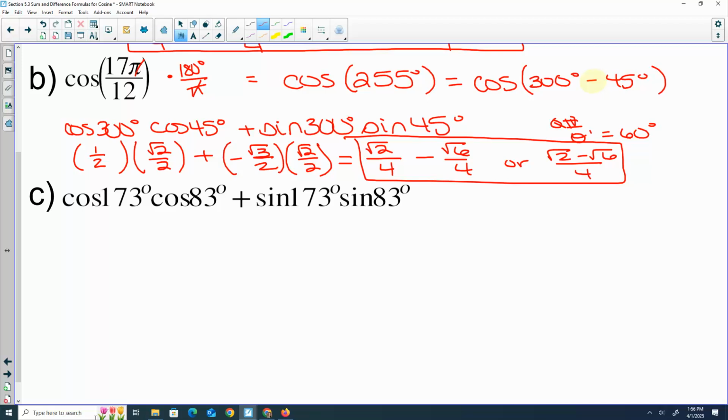So this one, it kind of looks like I gave you the right-hand side of the formula. You have cosine, cosine, plus sine, sine.